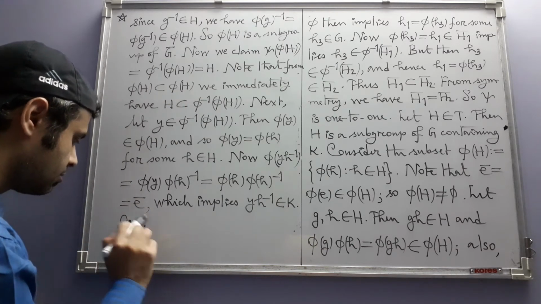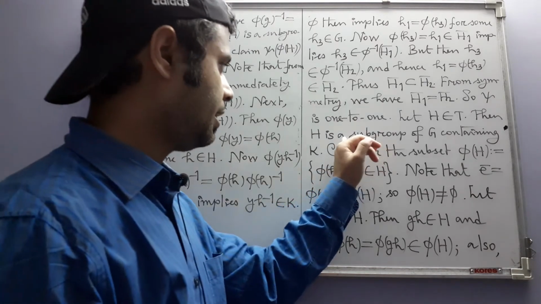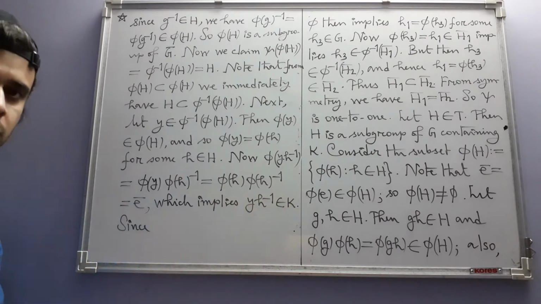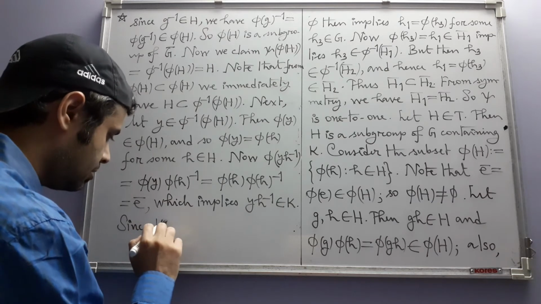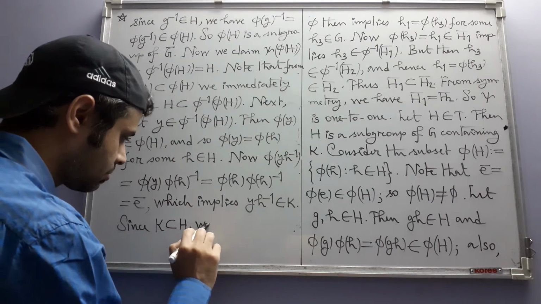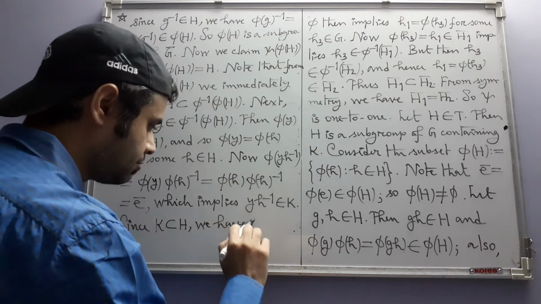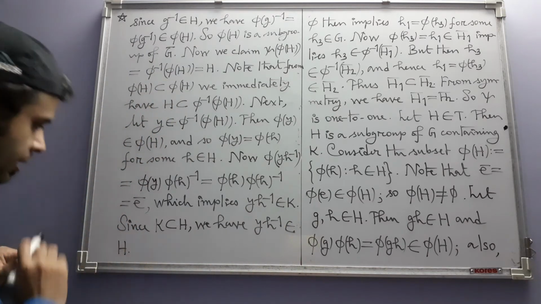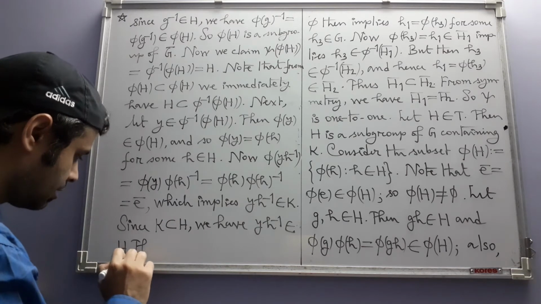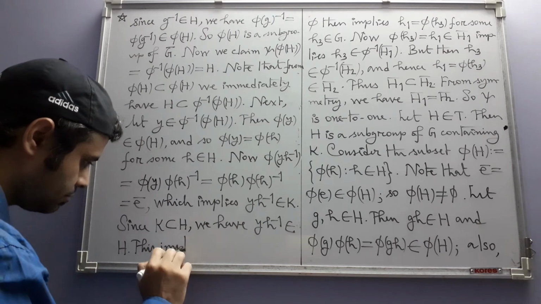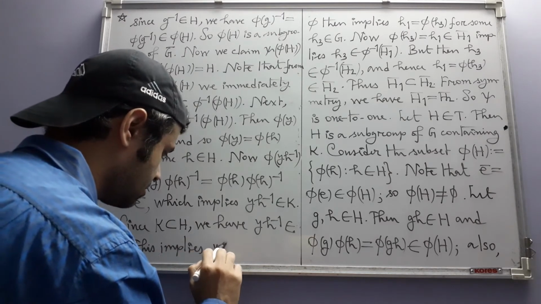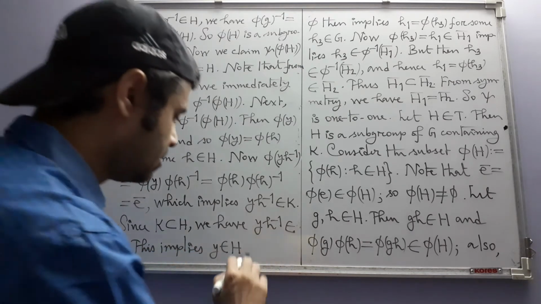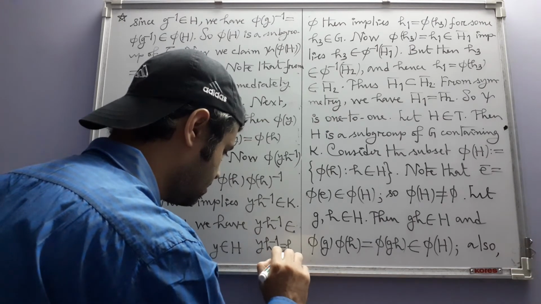Now note that since H is a subgroup of G containing K, this element in K will also be in H. Since K is contained in H, we have y h inverse belonging to H, and this finally implies that y belongs to H. It's because you see y h inverse will be an element of H. Say y h inverse is equal to h prime.